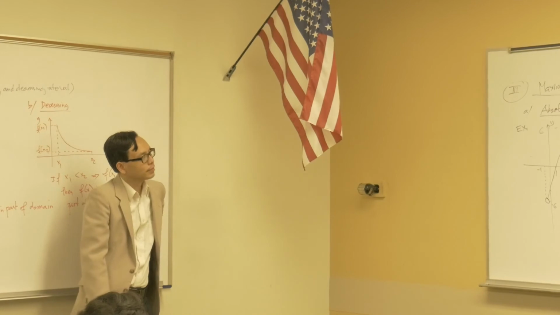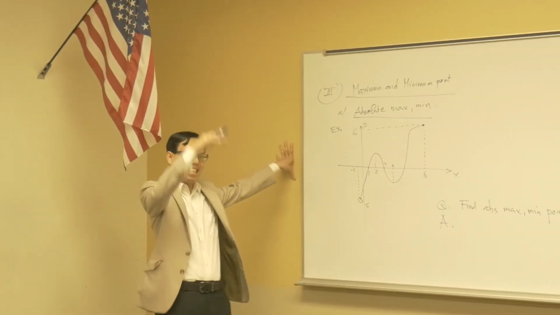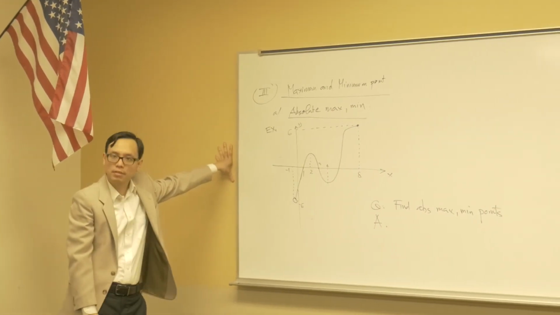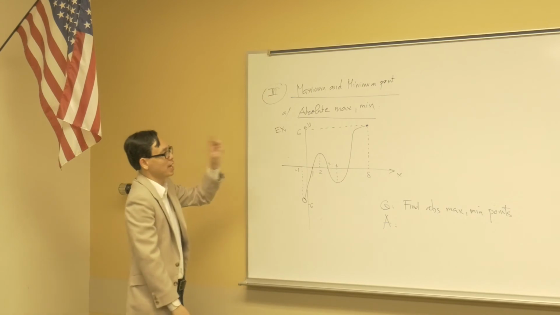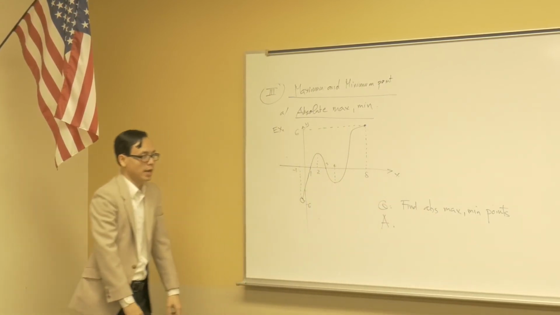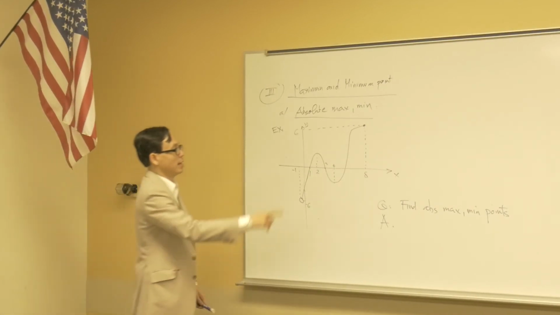Now you look at the graph. Can you tell me which one is the highest point of the graph? 6 or 8? The coordinate. Every time they ask you for the absolute max and min point, you have to write it as an ordered pair.